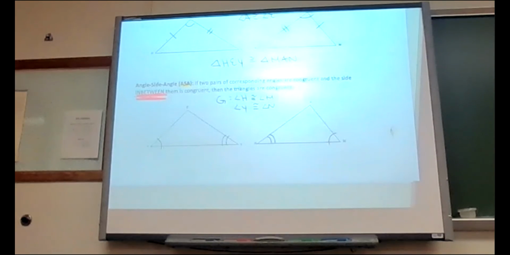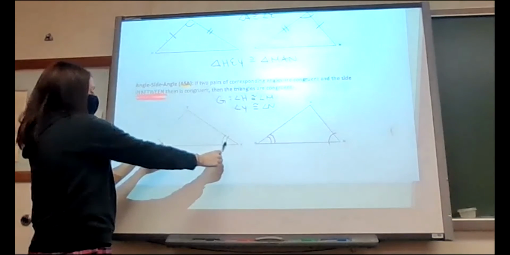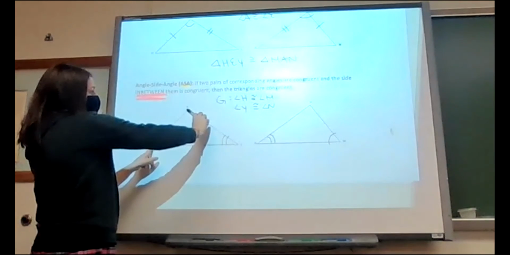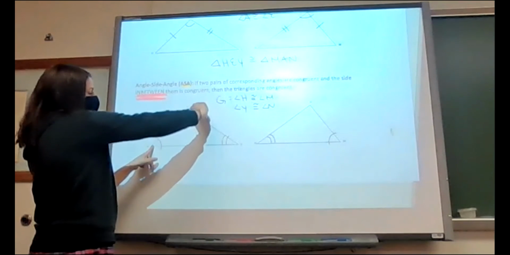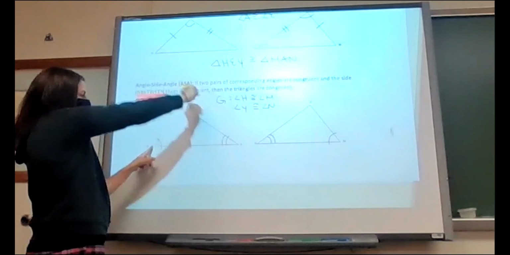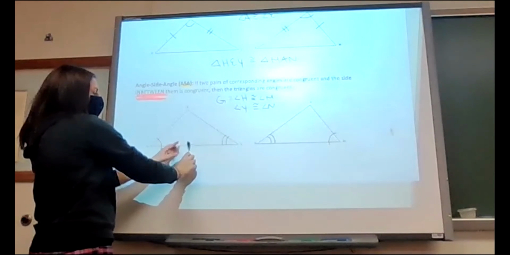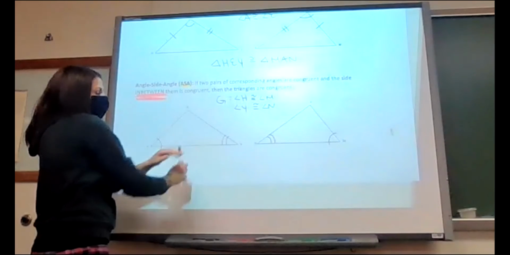You're going to have two letters to say the side. So here's an angle, here's an angle. HE is here. That doesn't connect them, because see that angle's hanging out over there. HY connects them, yeah. So it's going to live between these two angles.